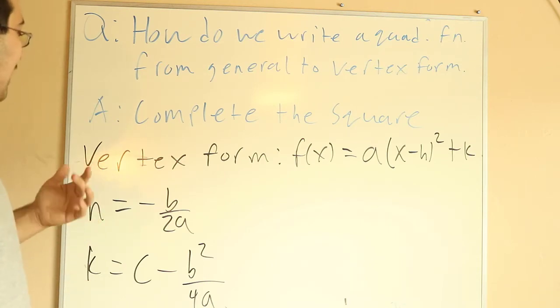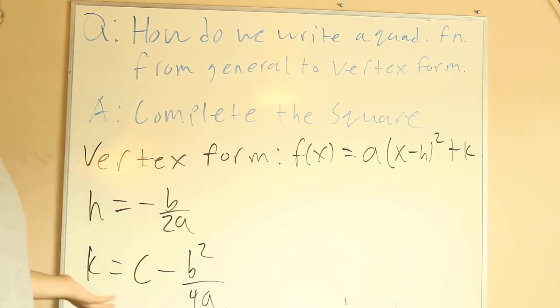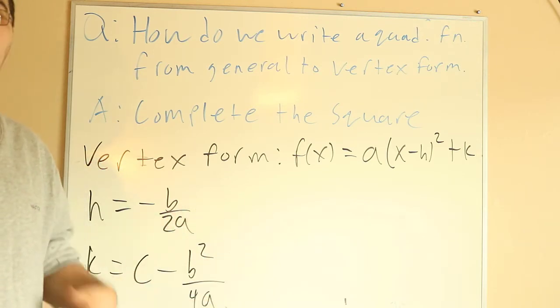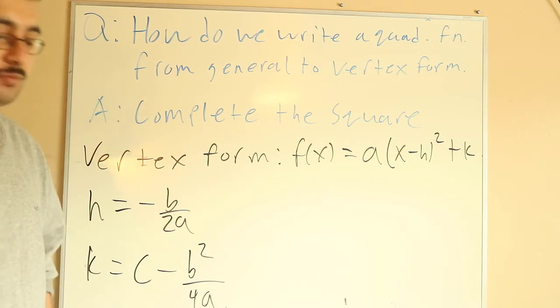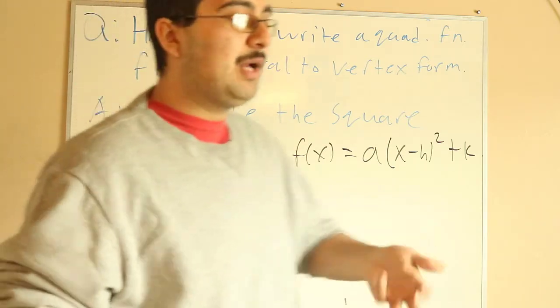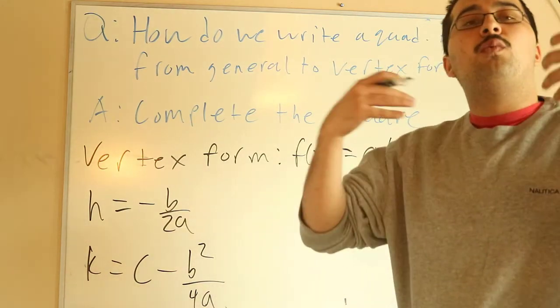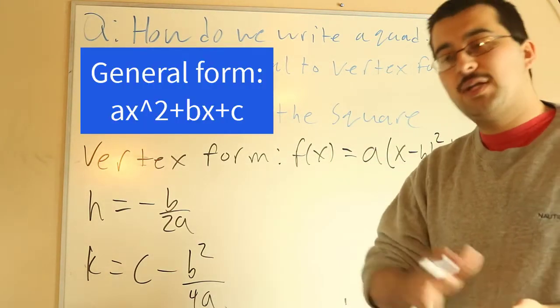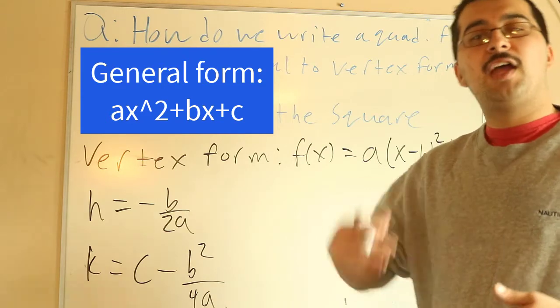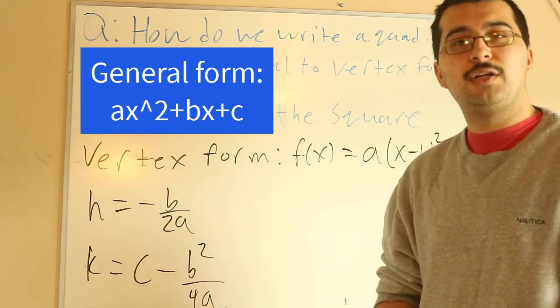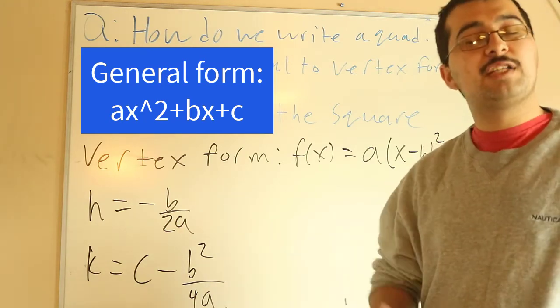To find h, I need these values b and a. To find k, I need these values c, b, and a. So what exactly are these values? What is c, what is b, and what is a? Well, this is where we take a step back and remember how we began this process. This whole process began with starting with general form and then transitioning into vertex form. What is the general form of a quadratic equation? ax squared plus bx plus c.